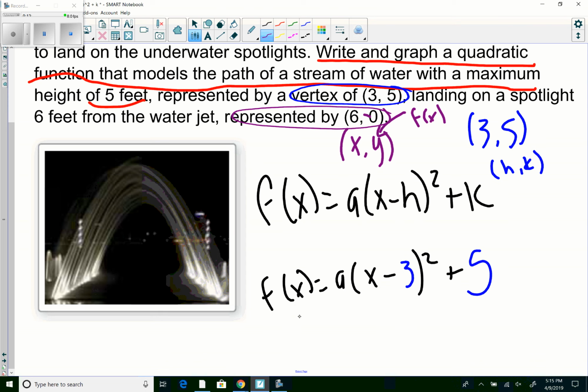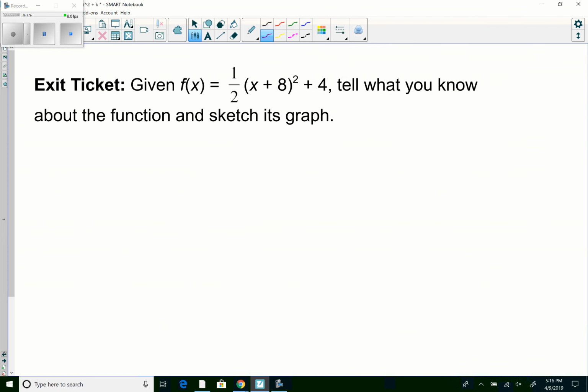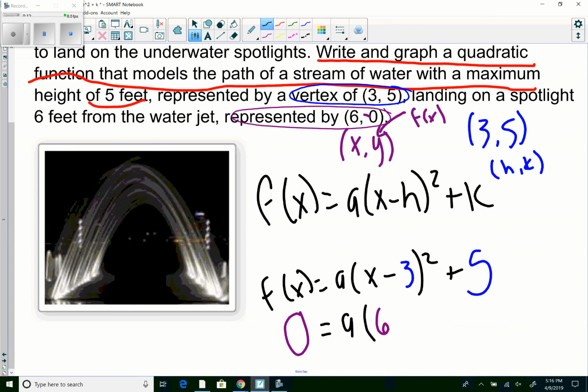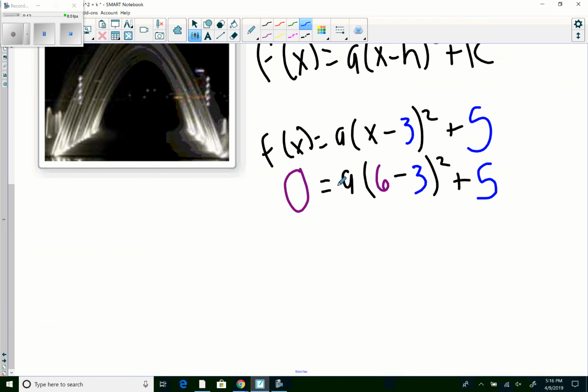So we're going to take 0, plug it in for f of x, equals a times x is, what do they say, 6, minus 3 squared plus 5. Basically, you're trying to figure out this a coordinate. That's the only thing that's missing.